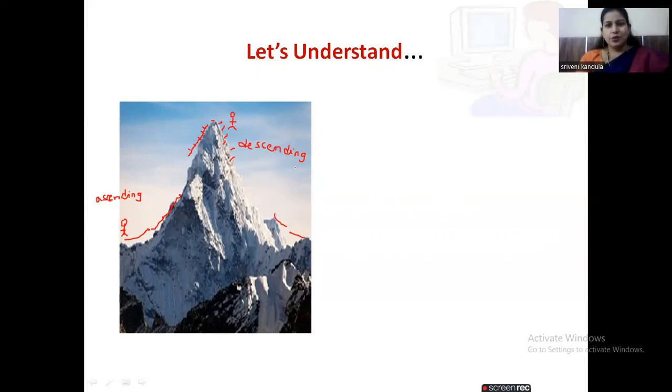When you are applying this to ascending, we call that gradient ascent. Climbing down the mountain is nothing but our gradient descent, the change in the step size. This we take as the gradient, that is what is measured by our gradient. Since it is the descending problem, we are calling it gradient descent.